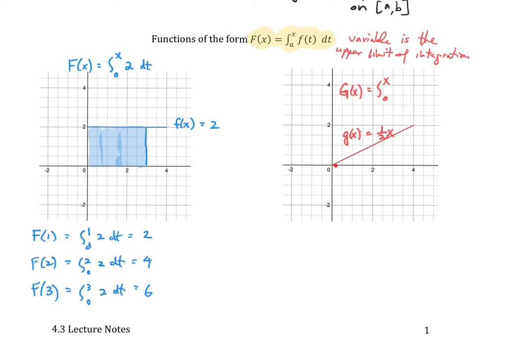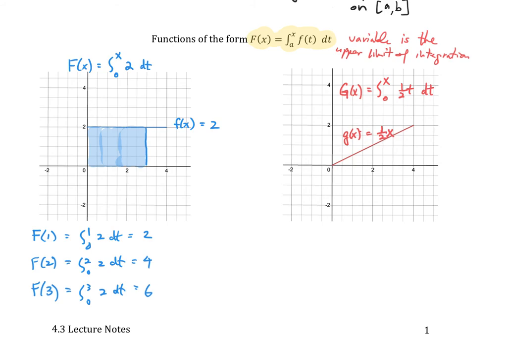In other words, for every 2 I go over, I go up 1. And the y-intercept is the origin. So this is the equation of a line. All right. So I have to introduce the dummy variable because x is used for my upper limit of integration. So the integrand is going to be 1/2 t dt like that.